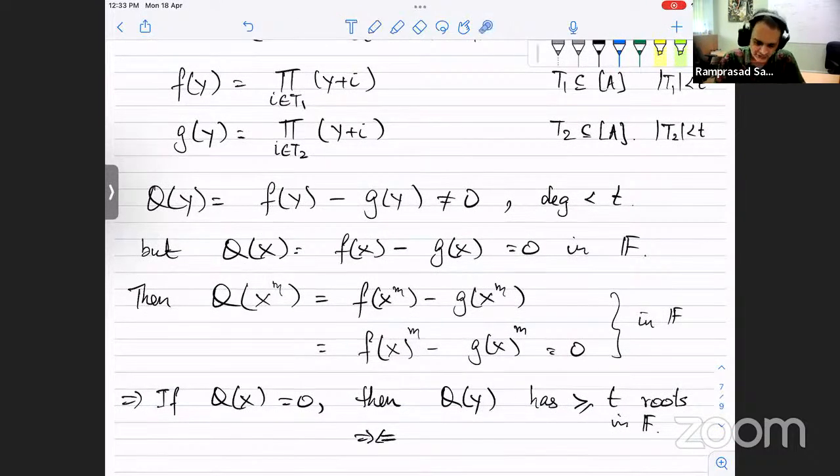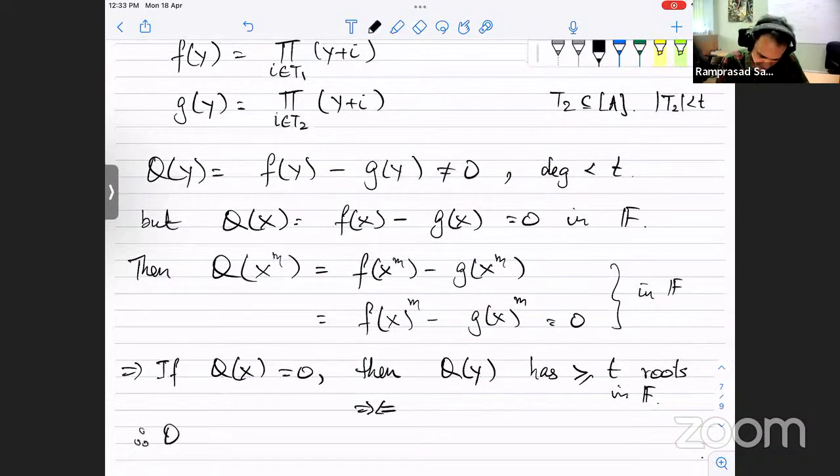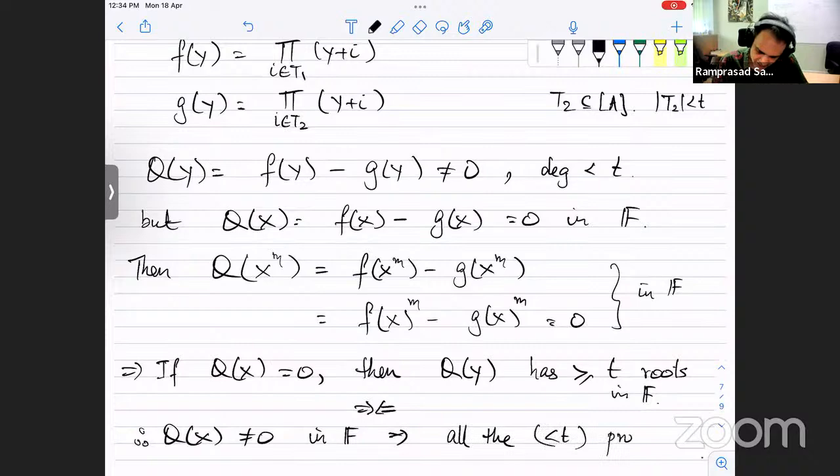Because we know for a fact that q is a polynomial whose degree is strictly smaller than t, and apparently now I'm saying that it has t or more roots, which is a problem. Okay, so therefore q of x is not equal to 0 in the field F implies that all the less than t products are distinct.